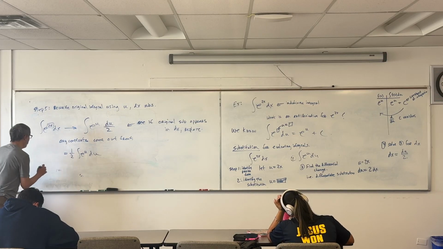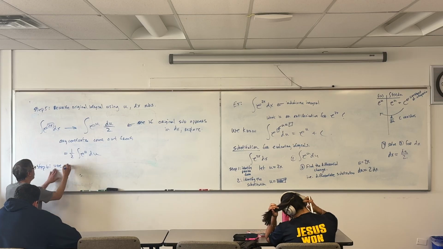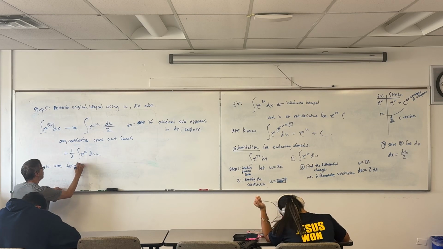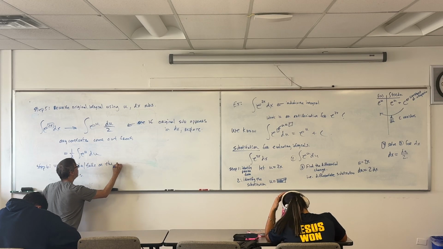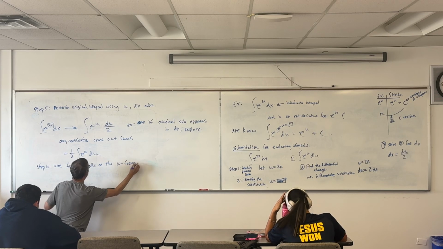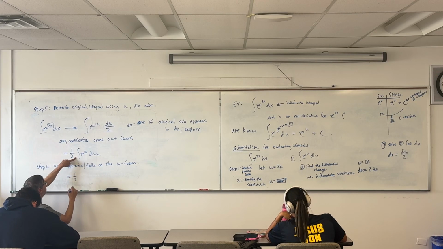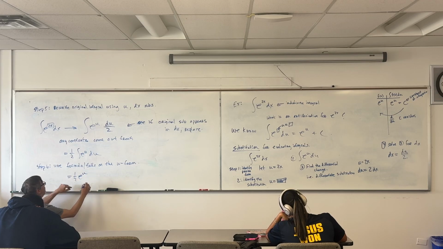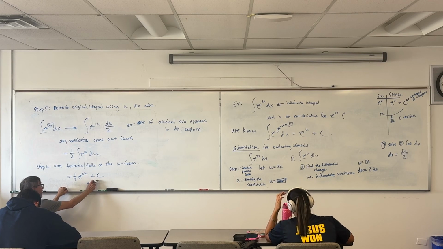So that was step 6: use your table, your formula, on the u form. So this is just 1/2. I carry that constant along. The integral of e to the u is e to the u. Tack on your plus c.